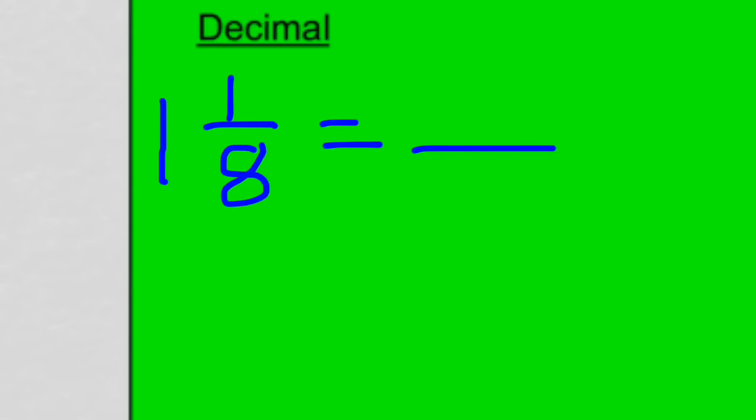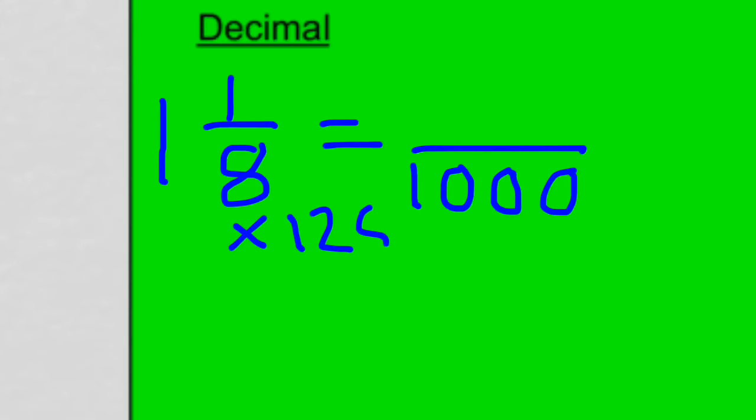Now, to make that into a decimal, I'm going to do the same thing that we've done before. One fact I've been working with the kids with is that you can't make 1/8 into a fraction out of 10. You can't make it out of 100, but you can make it out of 1,000. And you can do that by multiplying by 125. We've practiced that one in class.